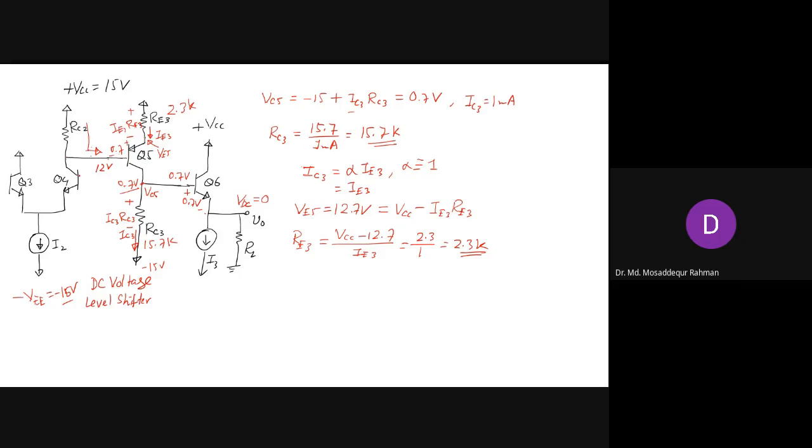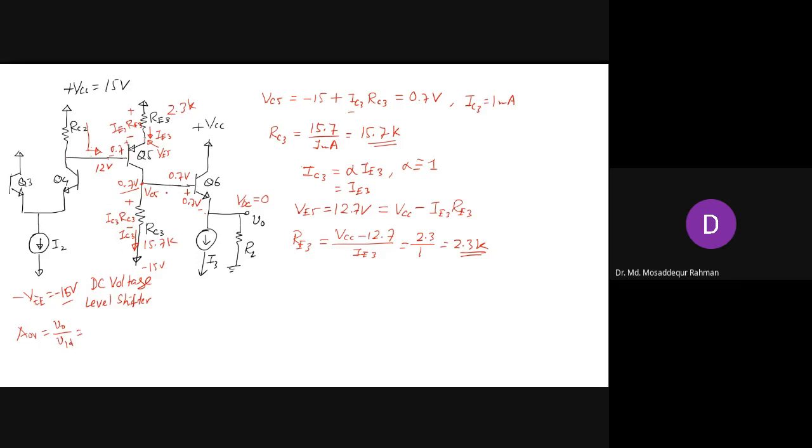So now the overall gain will be the gain of the 4 stages. Now you have 4 stages: the input stage, this gain stage, the DC voltage level shifter, and then this common collector, the voltage buffer at the output, right? So if you write the overall gain, that will be V naught by VID that we had at the input.